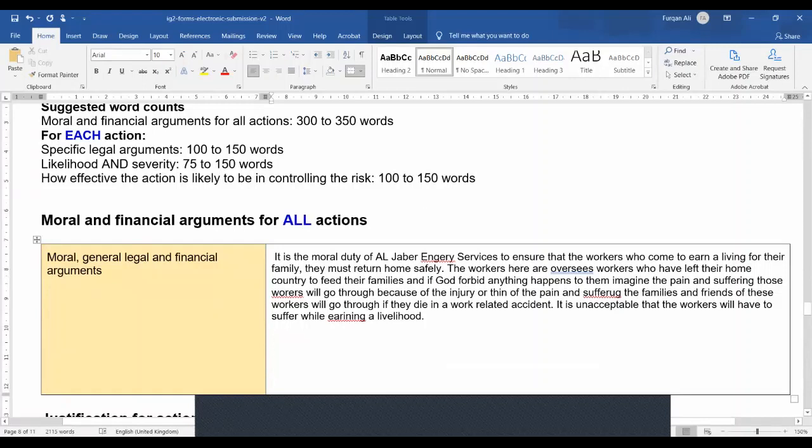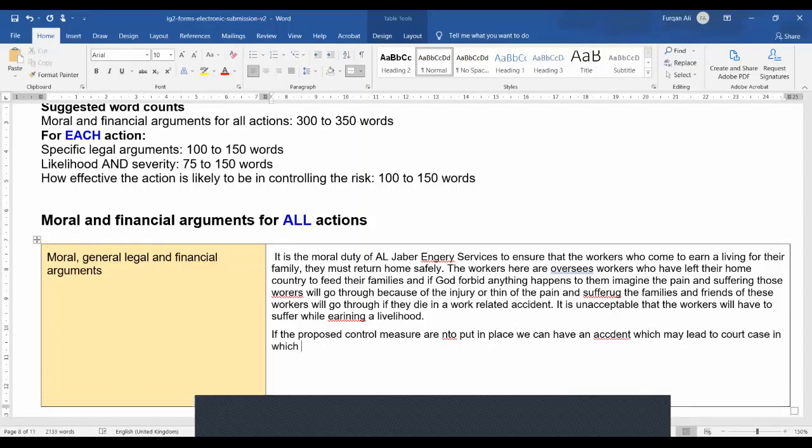Now you need to mention general legal and financial arguments. Now you can mention if the proposed control measures are not put in place, we can have an accident which may lead to a court case in which our company may be severely penalized by the courts.